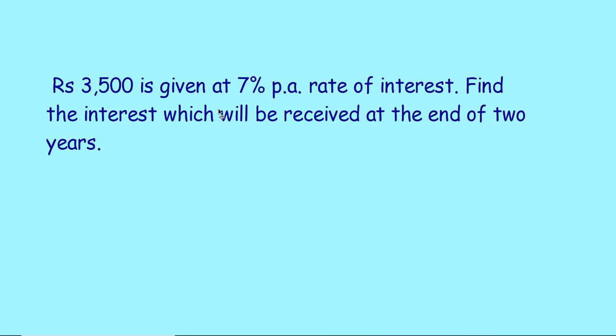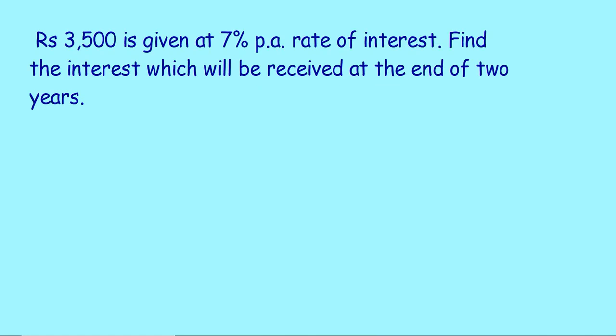Now let us discuss a question. Rupees 3500 is given at 7% per annum rate of interest. Find the interest which will be received at the end of 2 years. First, write principal, rate and time. Here, principal is equal to rupees 3500. Rate of interest R is equal to 7%, and number of years or time T is 2 years.